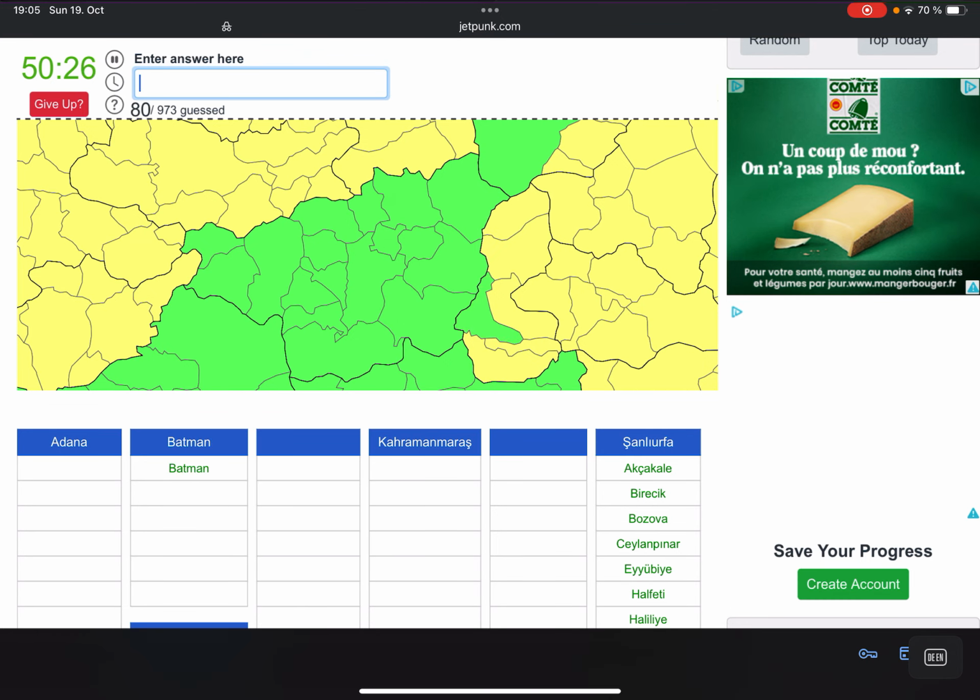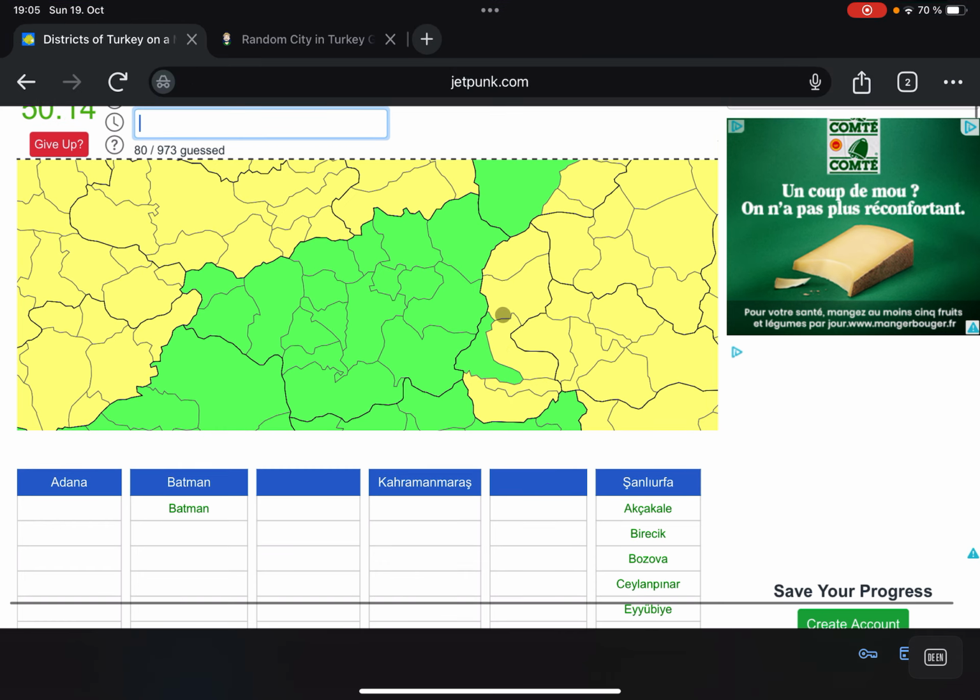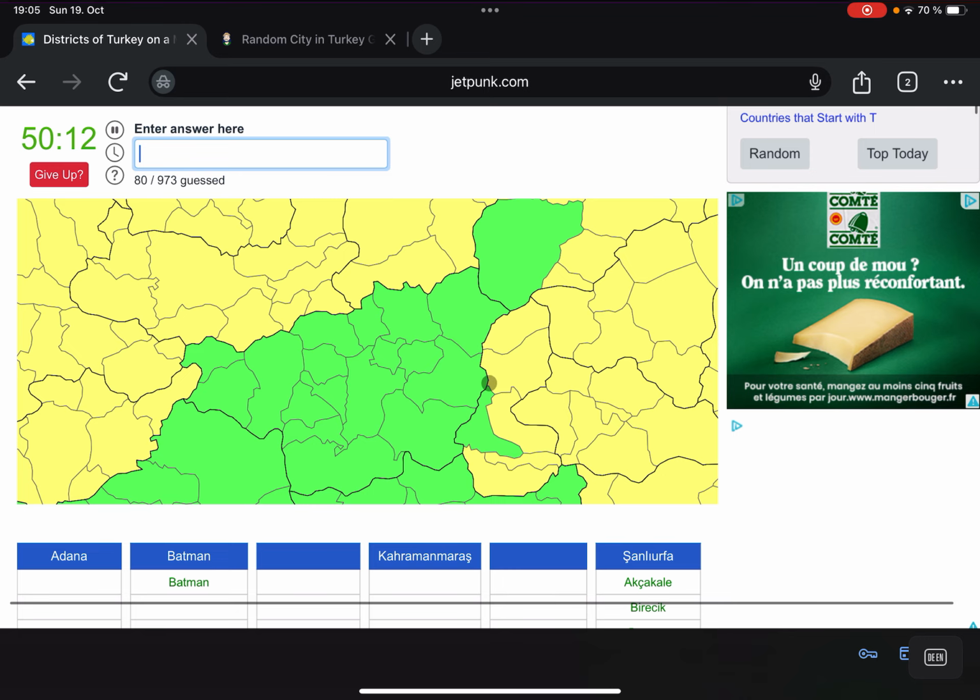It's just funny. It's a little meme, of course, for the people that know this province, that it looks like the superhero, but of course it's just a city which gave its name, as some people say, to the legendary superhero. So we have Batman as the seat of the province.